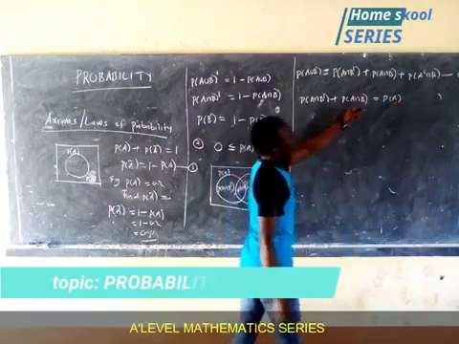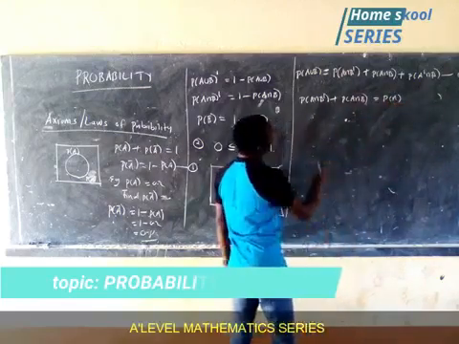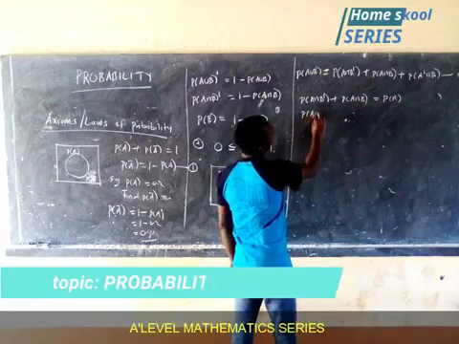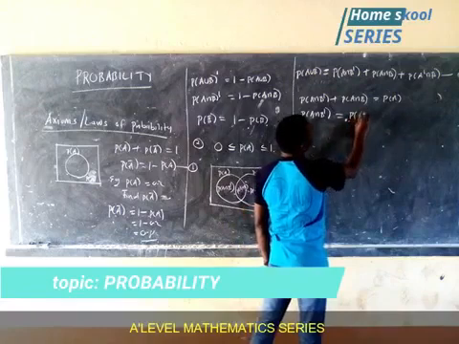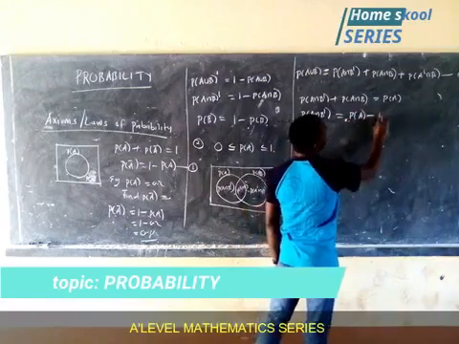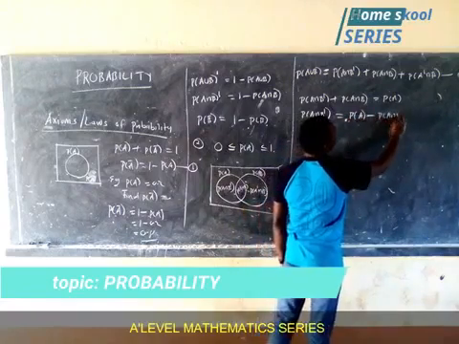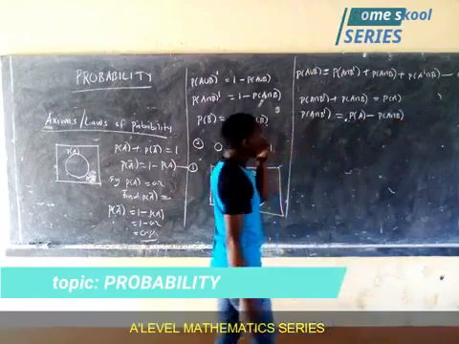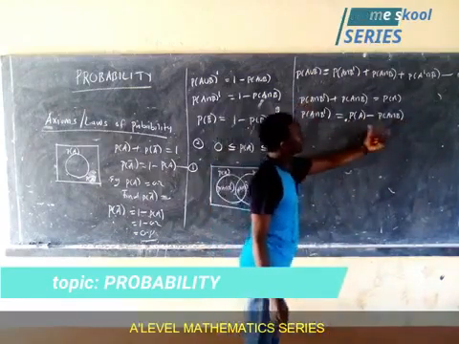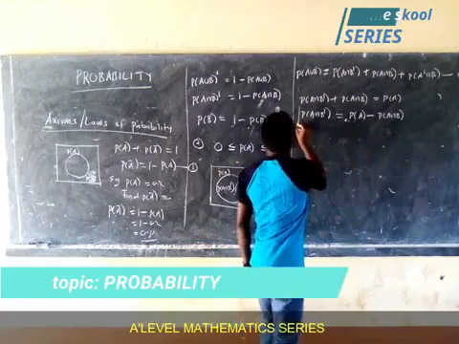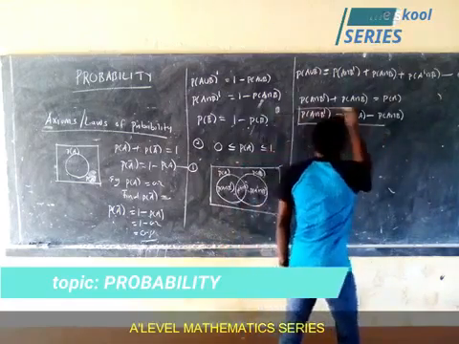However, this one can go that specific side. I can have the probability of A intersection B complement. This becomes the probability of A minus the probability of A intersection B. Now this one is a very important rule.